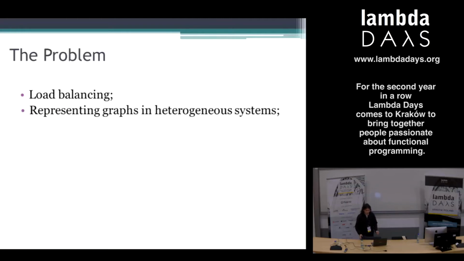Representing graphs in heterogeneous systems is also a big problem if you use native languages, because you know, different CPUs, different operating systems, etc. Then the multi-user problem. Sometimes I want to read data, I don't want to change it, and somebody else does too. But most models are synchronous, and I can't run two tasks at a time. And it's really a problem.